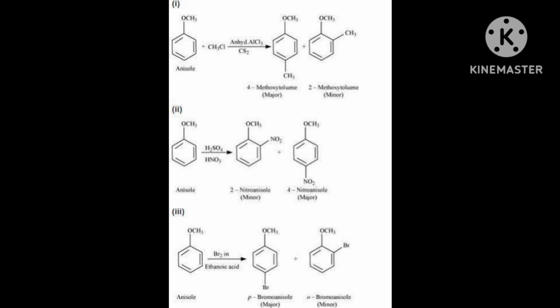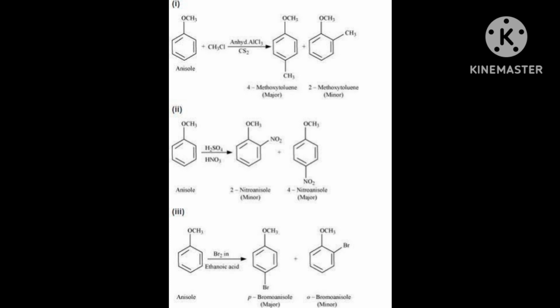Then you have seen here that at the ortho and para positions, carbon number 2 and carbon number 4, there is a negative charge. Hence any group which requires electrons, meaning E plus, can attack these two positions, where it will gain electrons. Where electrons are available, only at that position it will attack, that is, join. So ortho and para positions.